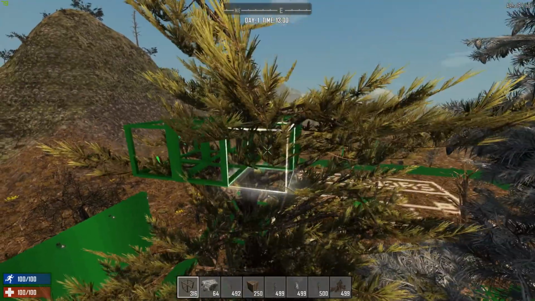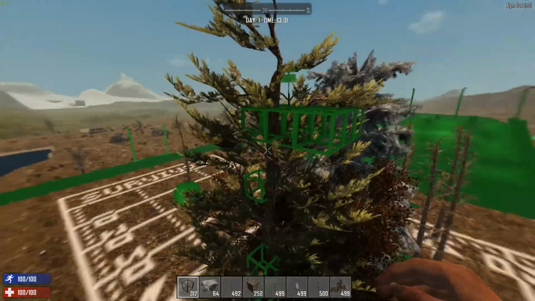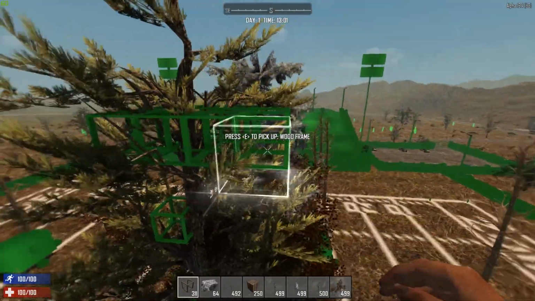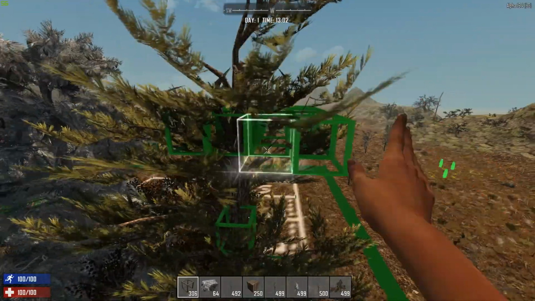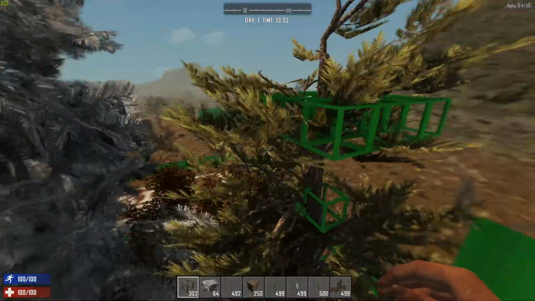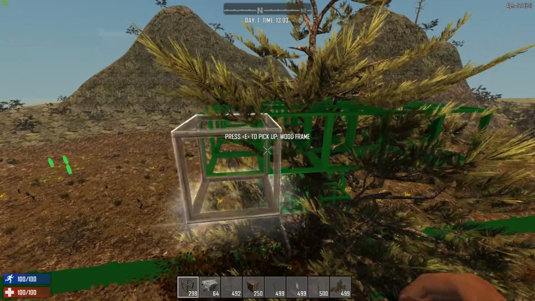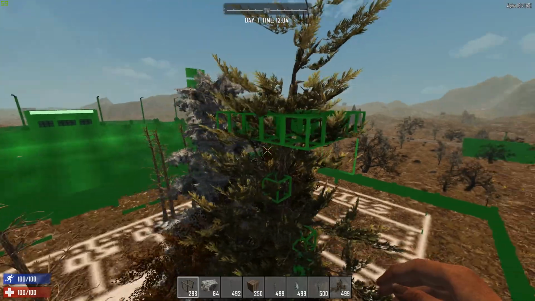It's slightly difficult to place the blocks. Am I getting support on all sides? Let's see if I can go up to 5 by 5. Yeah, 5 on this side, 5 on this side.